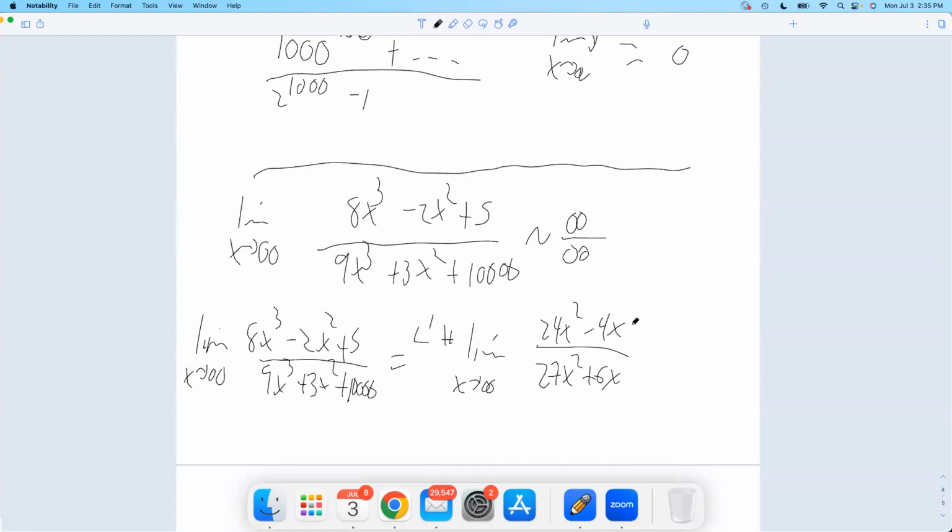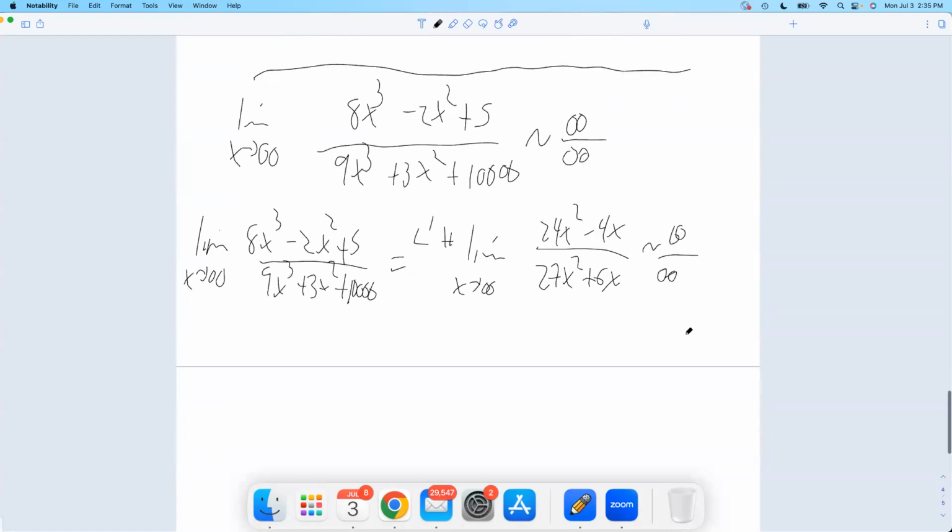Now, we try again, thinking about the limit as x goes to infinity. X squared goes to infinity, so the top goes like infinity. What about the bottom? x squared still. I still have infinity over infinity. I'm allowed to use L'Hopital's again.